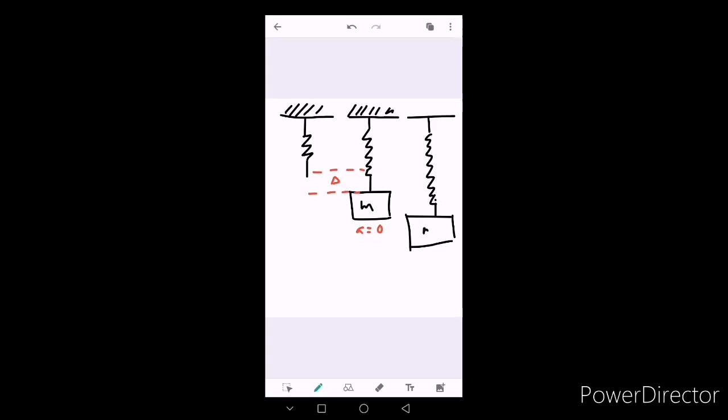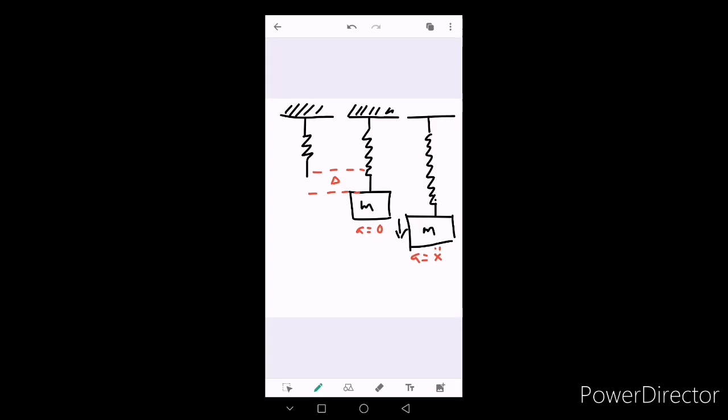It now has a mass, and we also pulled it downward, and acceleration would be equal to the second derivative of x.